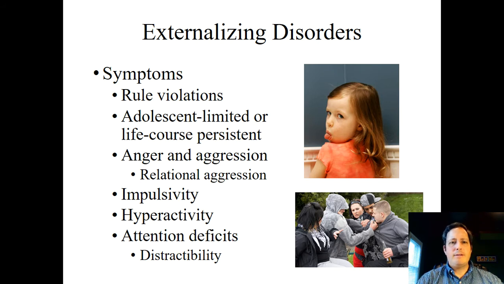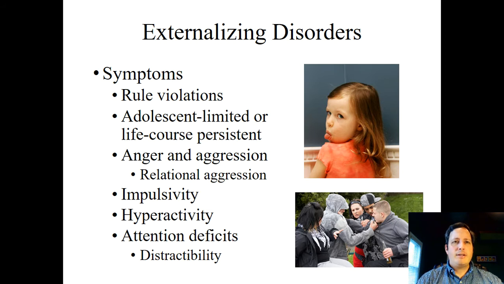Children of different ages are likely to violate very different types of rules. So the younger the child, usually the less egregious the violation. But as they get older, obviously these get to be more significant. Those with externalizing problems are going to violate rules at a much younger age than you would developmentally see typically.